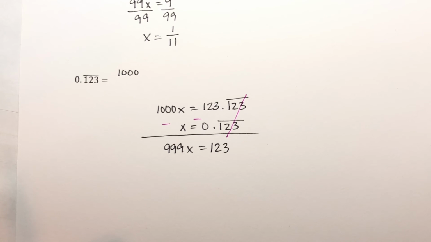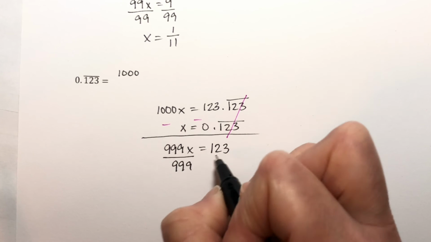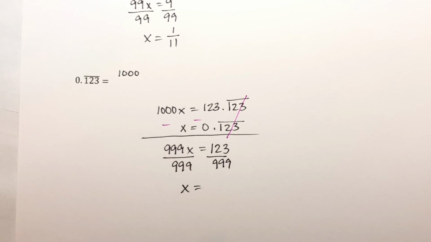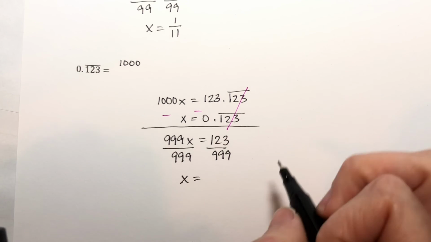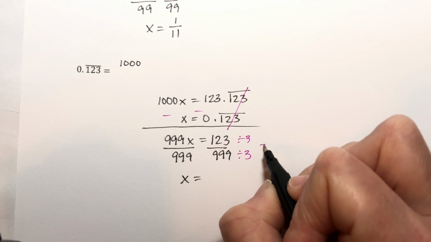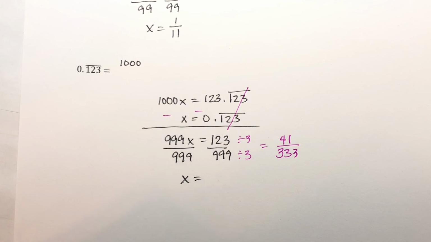Now divide both sides by 999, and you get 123 over 999. I believe top and bottom are divisible by 3. If I divide this by 3 and this by 3, I get 41 over 333.